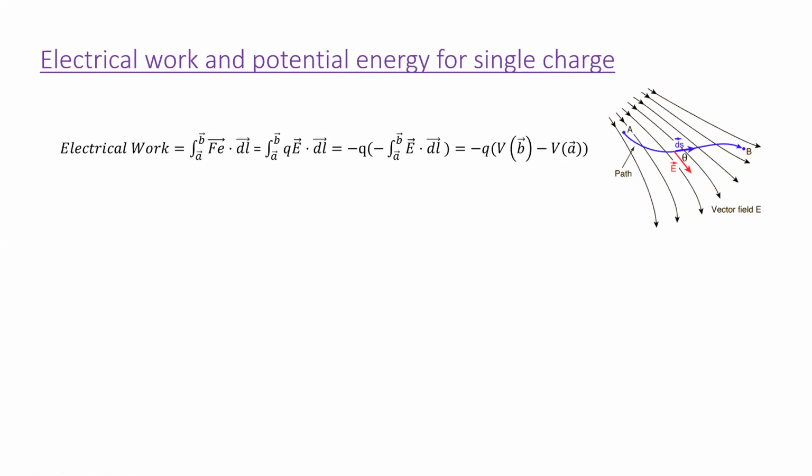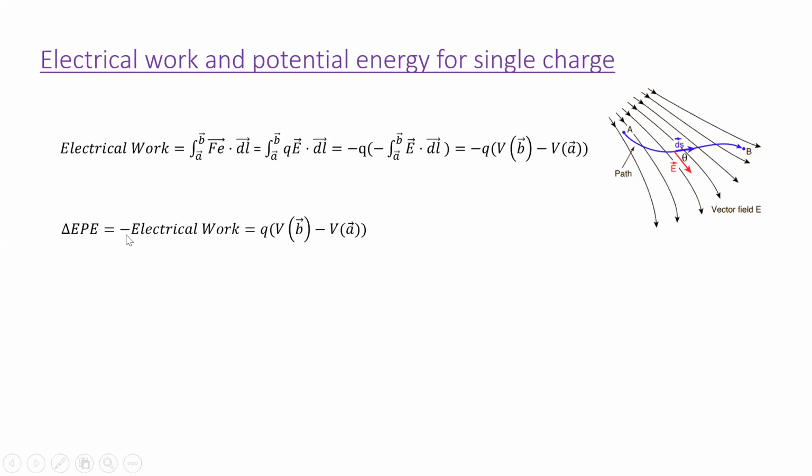In addition to work, we like to define potential energy. And you may remember that potential energy is related to work. Potential energy is stored work. So if we do negative electrical work on something, that's going to store electrical energy that we can later recover and do useful things with.